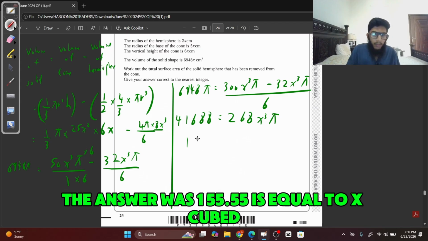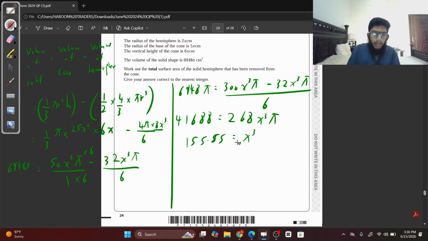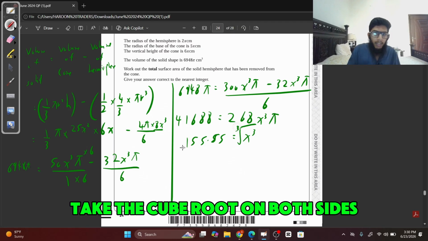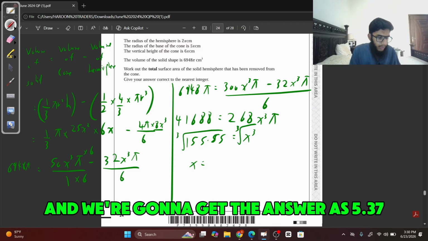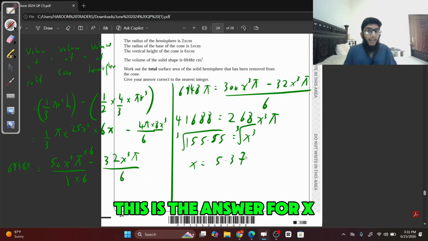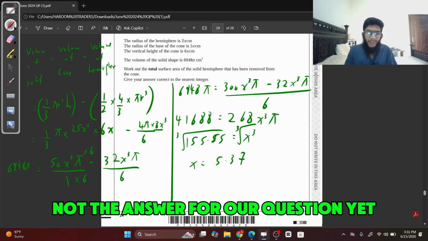The answer was 155.55 is equal to x cubed. Take the cube root on both sides, and you're going to get the answer as 5.37. This is the answer for x, not the answer for our question yet.